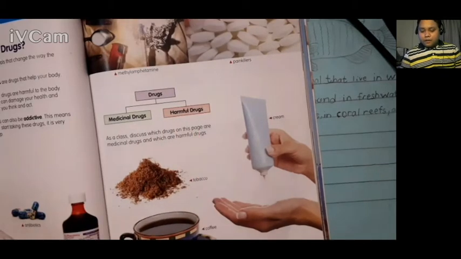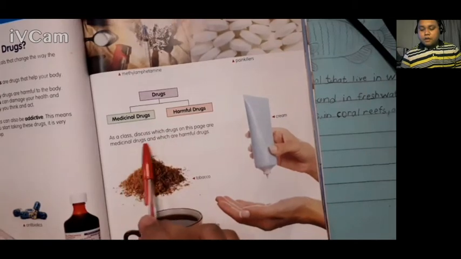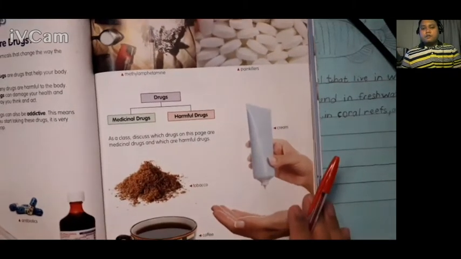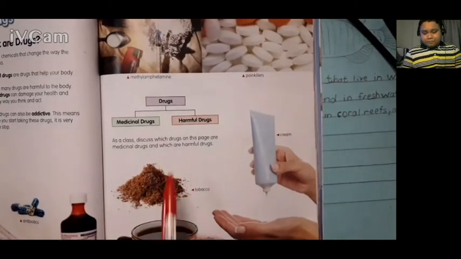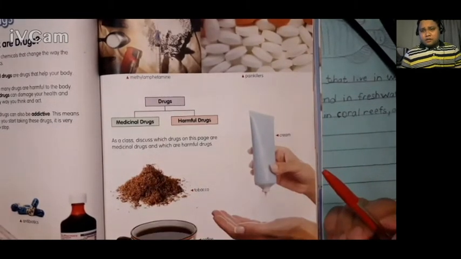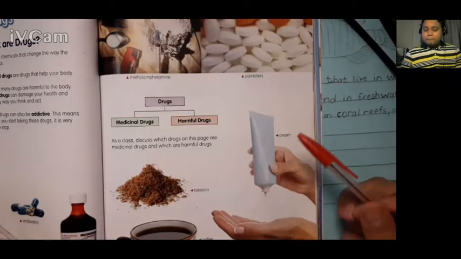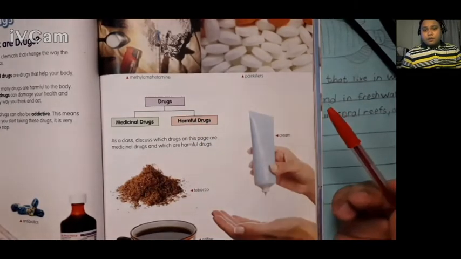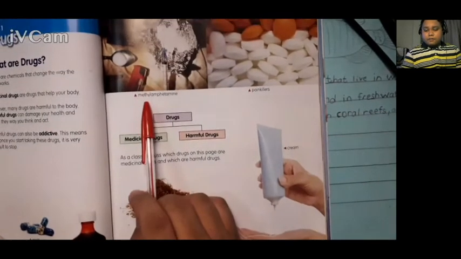As a class, discuss which drugs on this page are medicinal drugs and which are harmful drugs. So basically, medicinal drugs are good drugs, which are beneficial to your body, and harmful drugs are bad drugs.